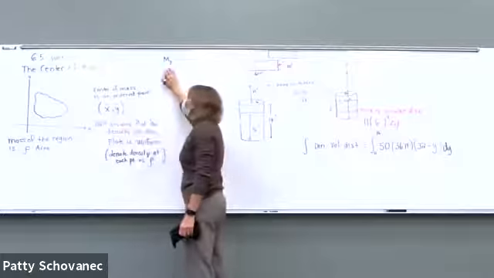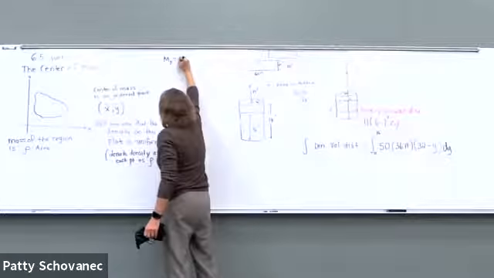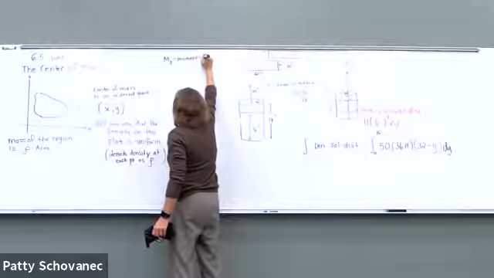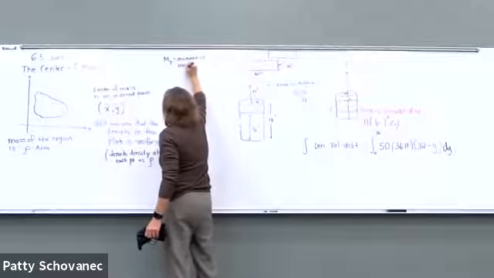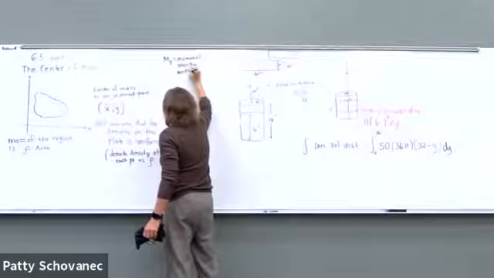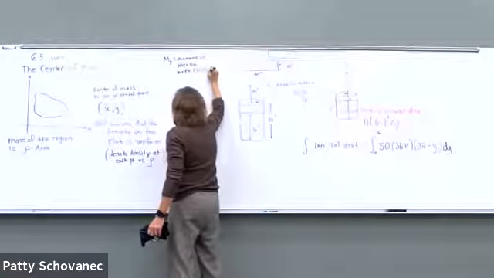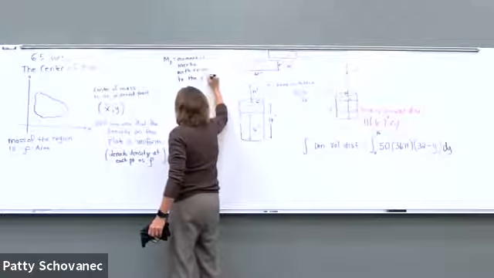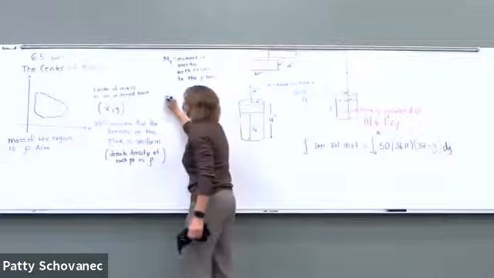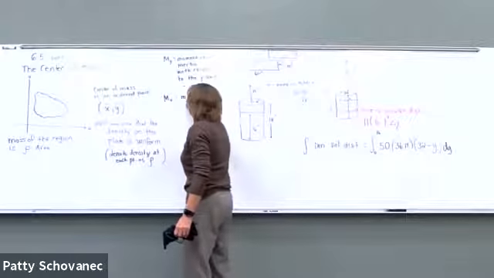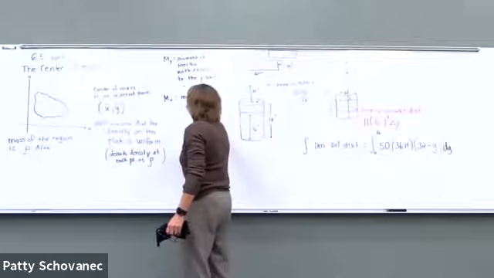So we're going to say capital M_y is the moment of inertia with respect to the y-axis. And capital M_x will be the moment with respect to the x-axis.